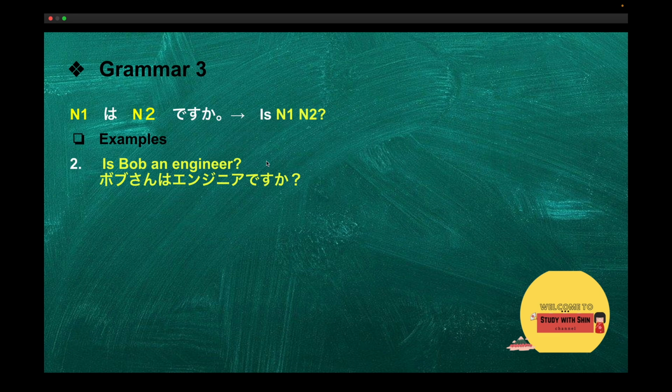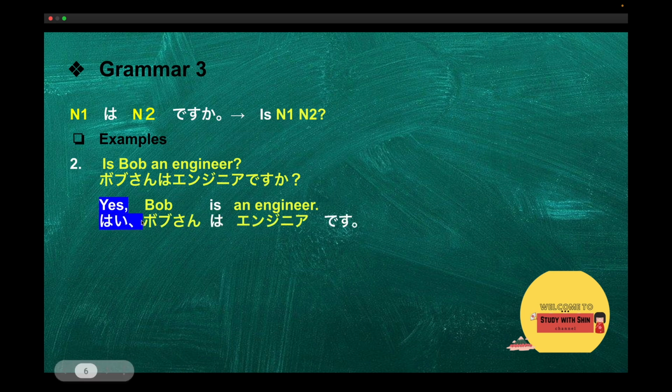You just have to add か at the end, right? If Bob is an engineer, we will say yes, Bob is an engineer. はい、ボブさんはエンジニアです.